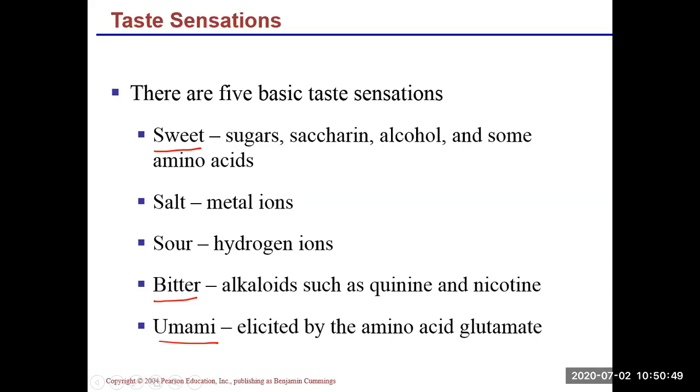The others like umami, that kind of beefy taste, I don't know if you ever had an umami burger and whatnot. They have a unique taste. It's not really salty. It's not really bitter. It's none of the above. So Japanese scientists discovered this, and it is elicited by the amino acid glutamate.